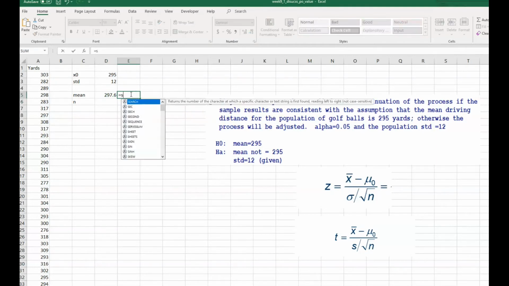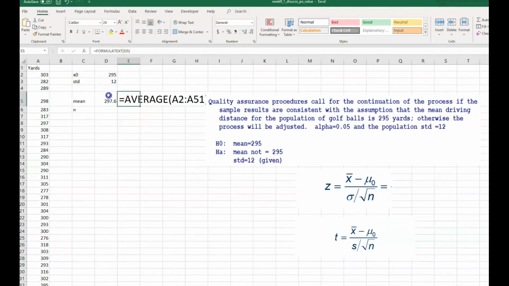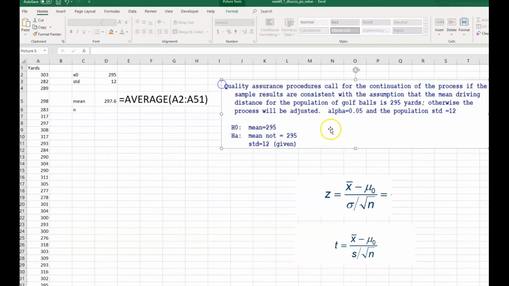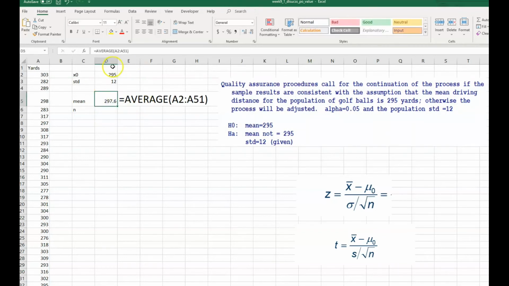I'm going to use formula text to show the formula. Make it bigger. Then we calculate the mean. We can repeat the same procedure for the standard deviation.